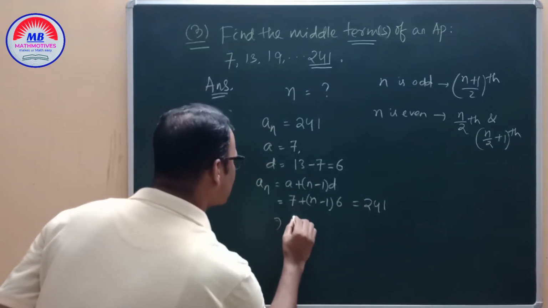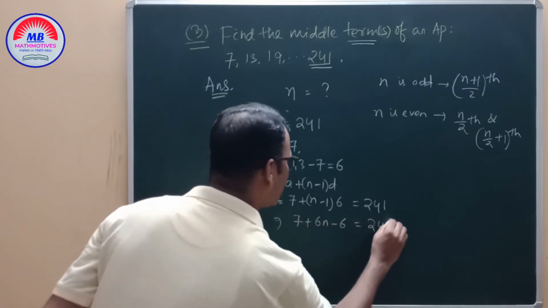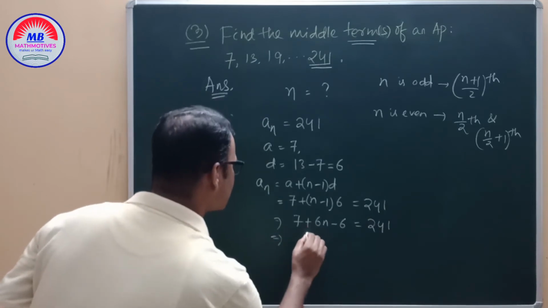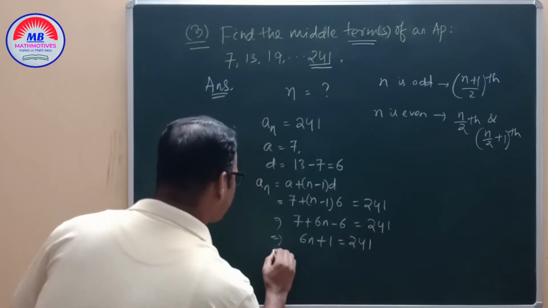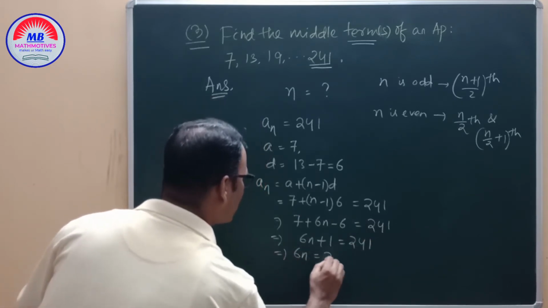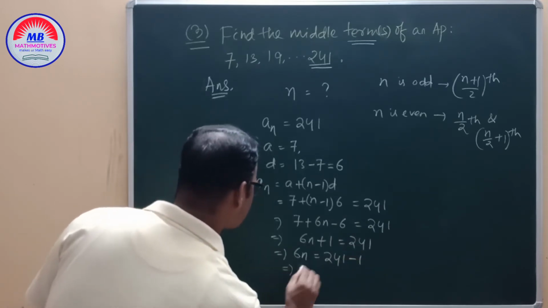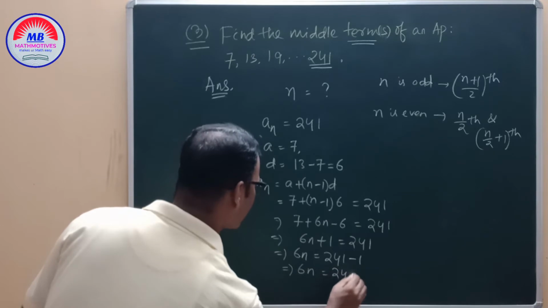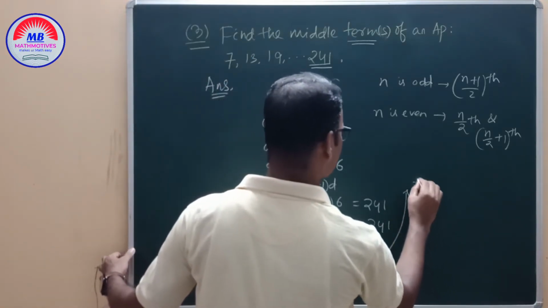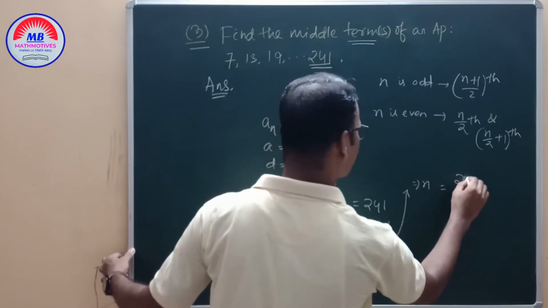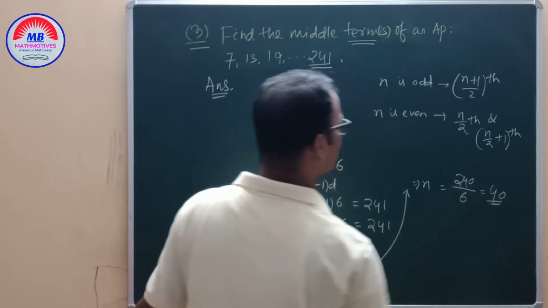That implies 7 plus 6n minus 6 equal to 241. That implies 6n plus 1 equal to 241, so 6n equal to 240. Then n equal to 240 by 6 equal to 40. So n is 40 here.